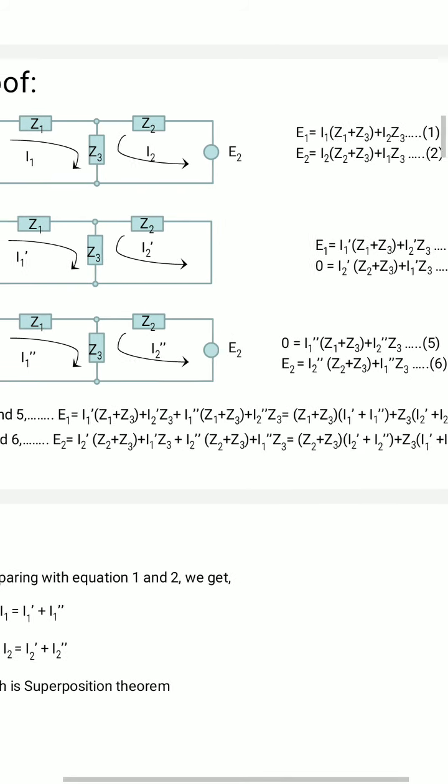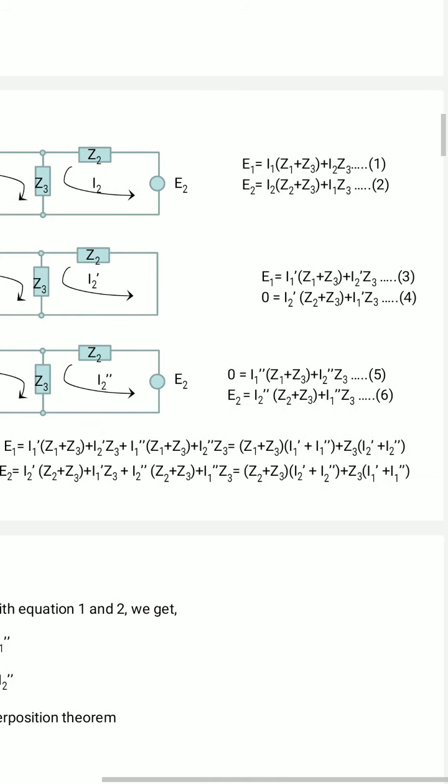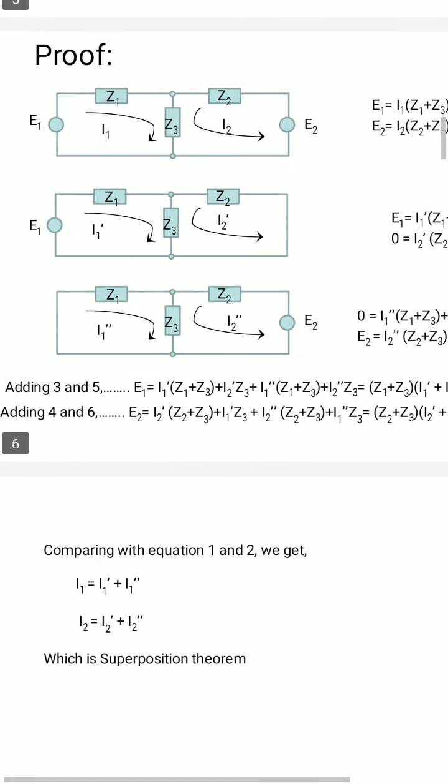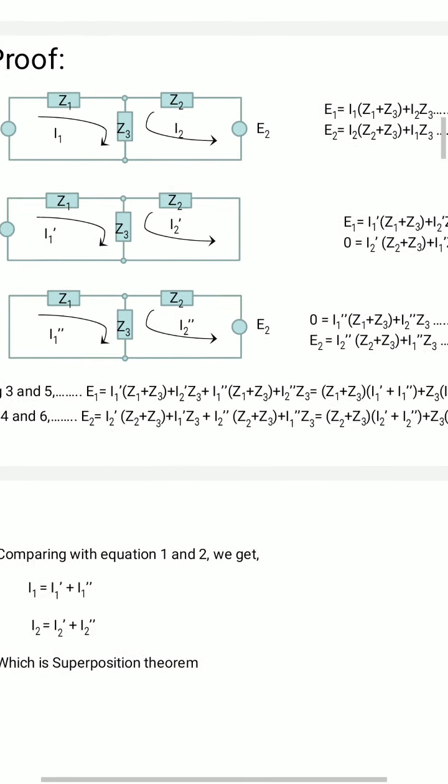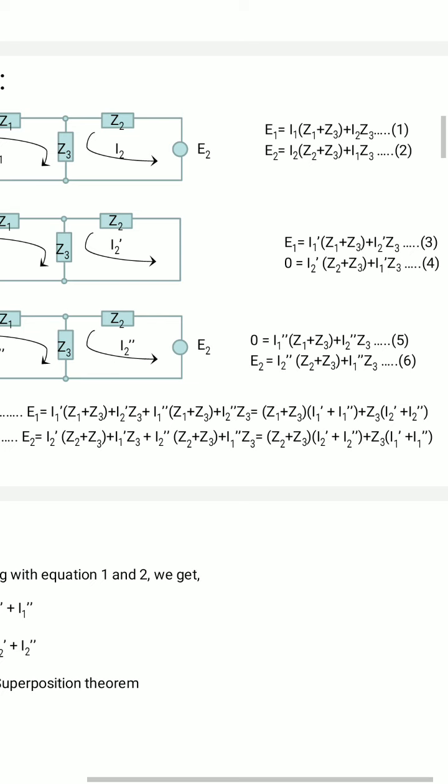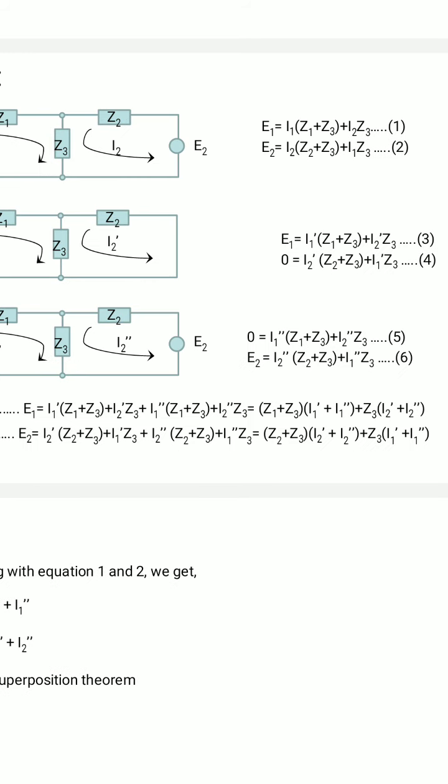Now you do the same for the fourth and sixth equations. Adding the 4th and 6th equations, you will get the left hand side equal to E2, and it should be equal to I2 prime into Z2 plus Z3 plus I1 prime into Z3 plus I2 double prime into Z2 plus Z3 plus I1 double prime into Z3.